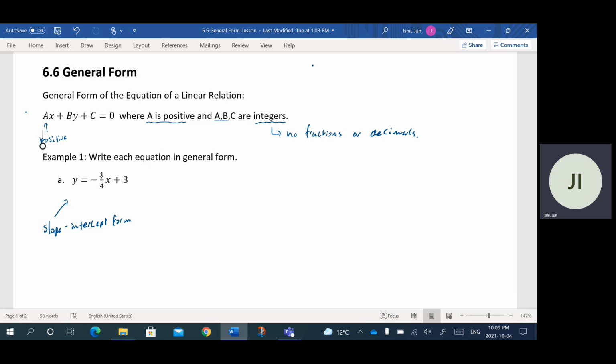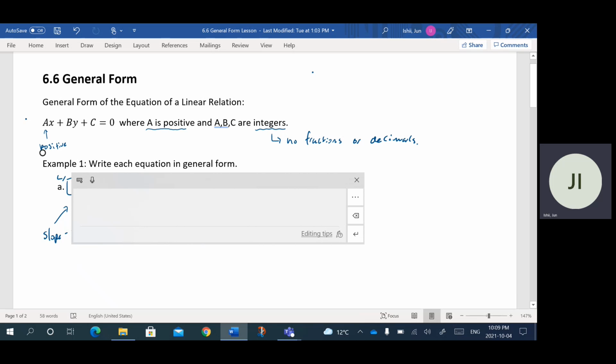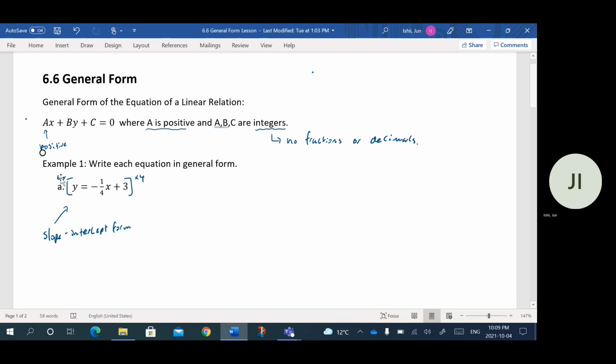To start, I want to deal with this fraction, 1 over 4. To get rid of the 1 over 4, I can multiply both sides by 4. On the left-hand side, we have 4 times y, which is 4y.